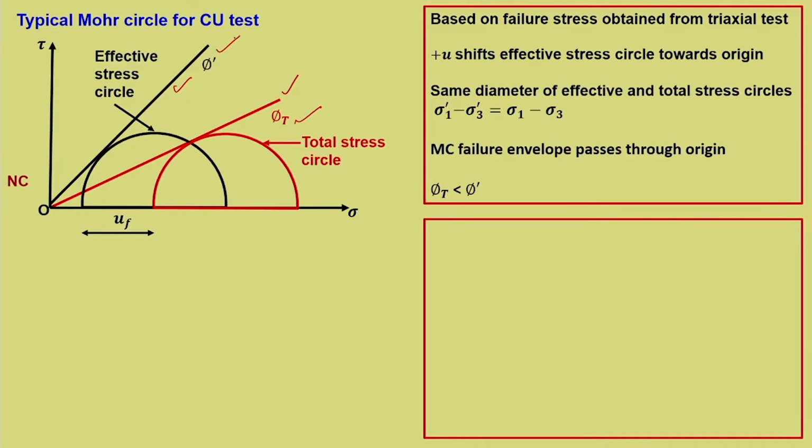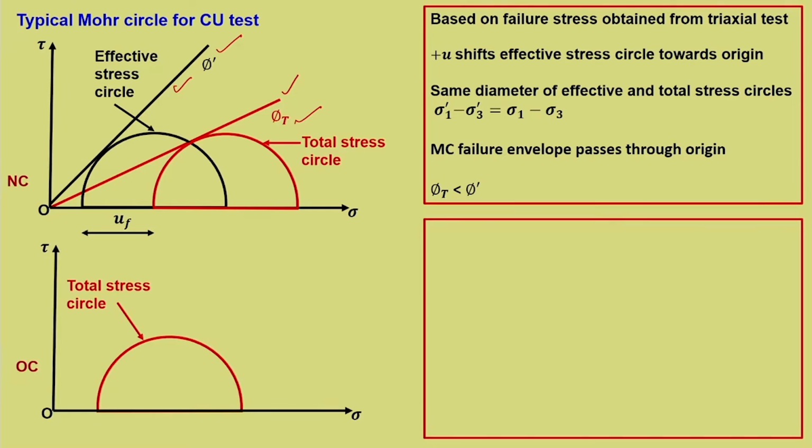So, only this particular failure envelope is important, and we generally do not use phi t because the undrained strength is different. We will keep repeating this. You will hear the statements at least 4-5 times throughout this module, and we need to clearly understand this particular fact.